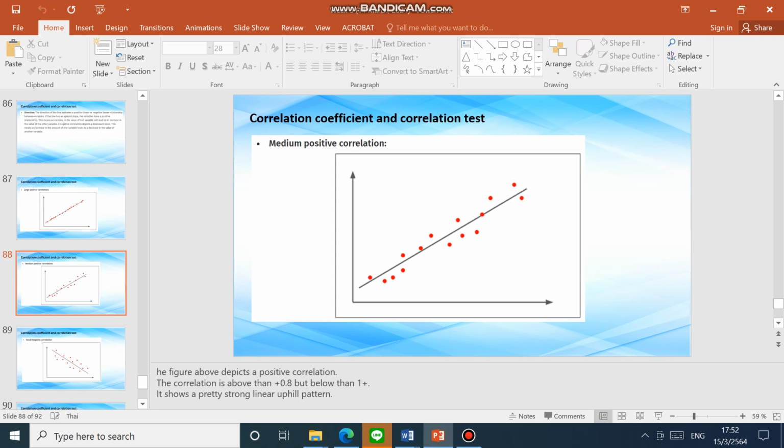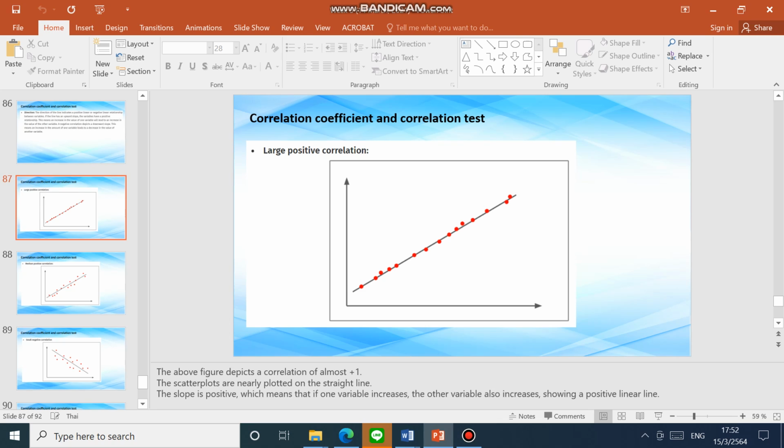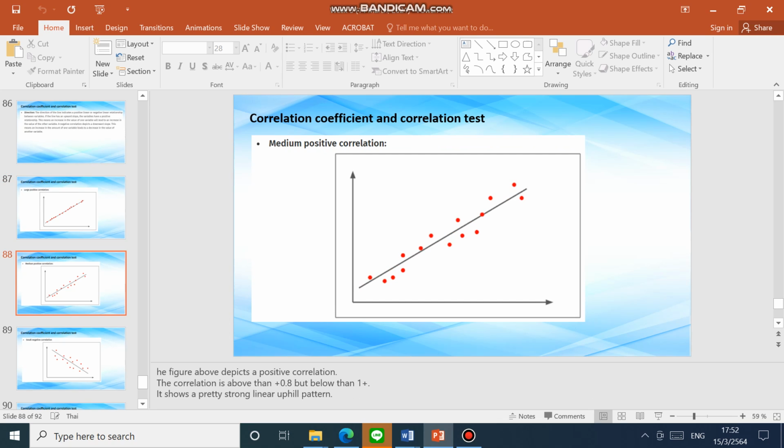But compared with the first one, large positive correlation, you can see there is a distance between each dot. If you project the dot to the line, you will see that there is a lot of distance from the dot to the line.